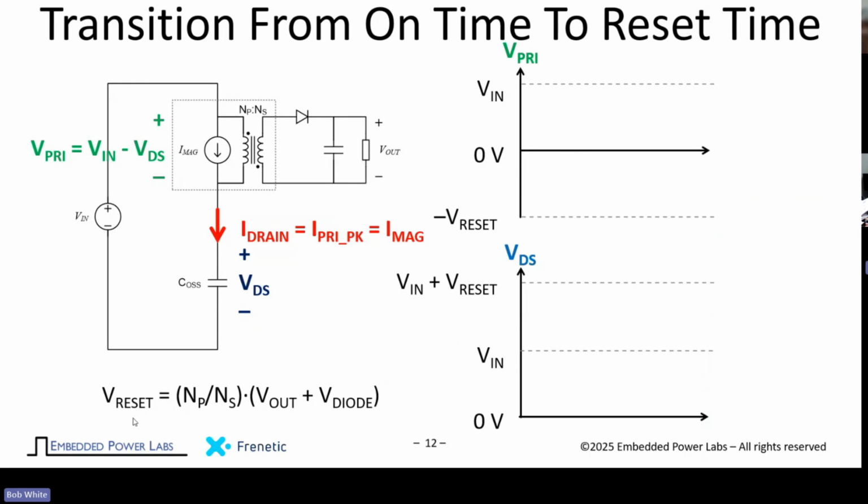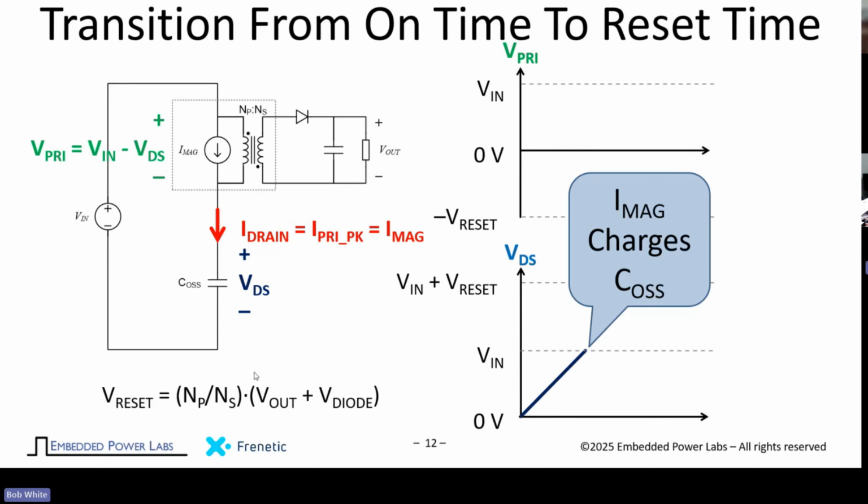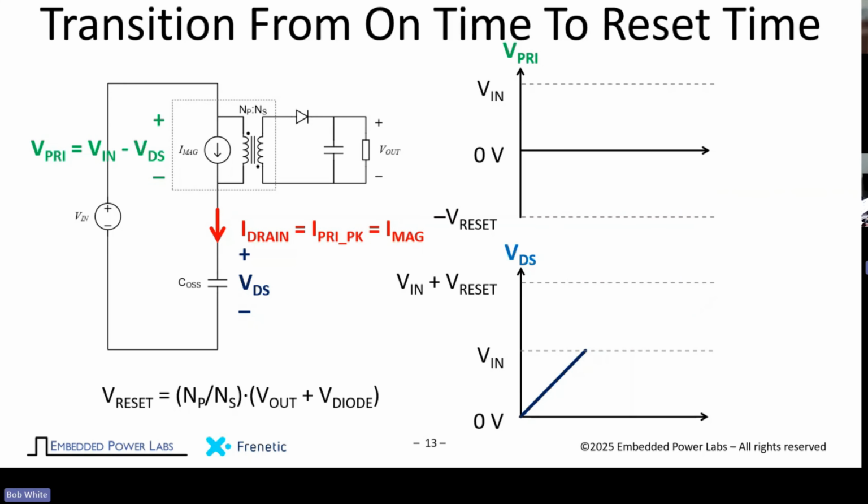What happens here is that the magnetizing current charges up the COSS, and the voltage will rise and eventually reach the input voltage. When it does that, there's basically no voltage across the primary, because the voltage across here is equal to the input. So there's 0 voltage here, but it doesn't stop there.